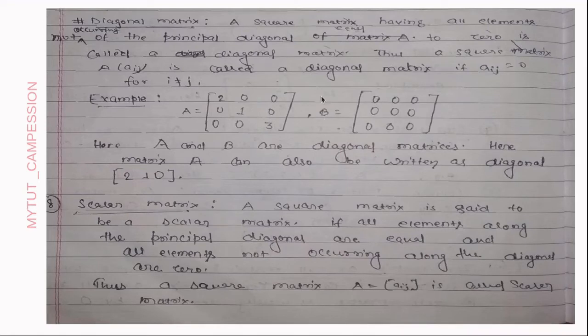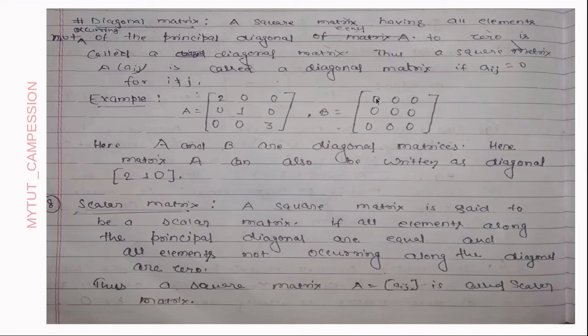If in the second example all principal diagonal elements are also 0, we can still say it is a diagonal matrix. The necessary condition for a diagonal matrix is only that all elements except the principal diagonal must be 0.